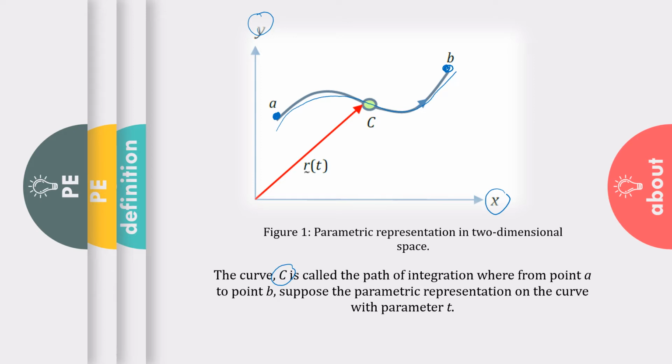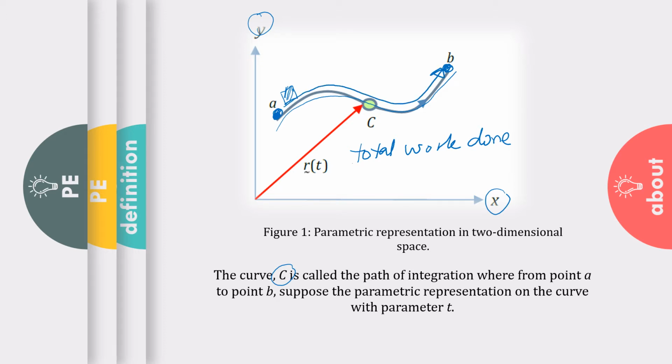What I want you to know here is, let's say you want to move a particle from this point to this point. Okay, let's say the particle is like this. So you want to find the total work done to move a particle from this point to this point.